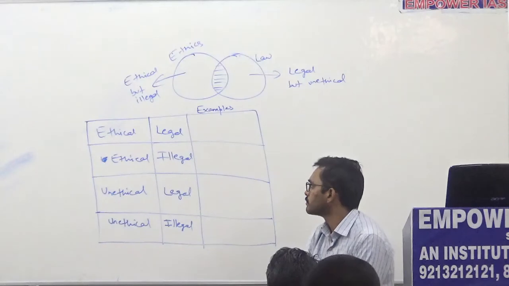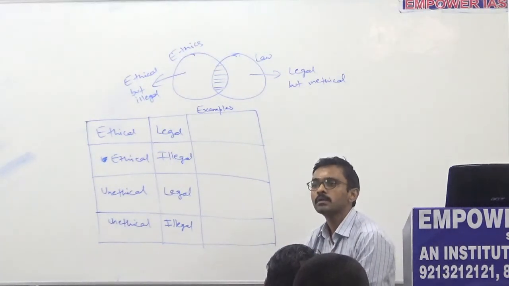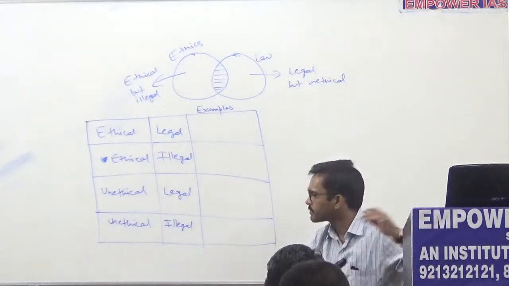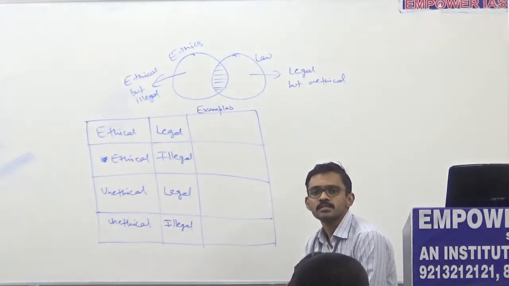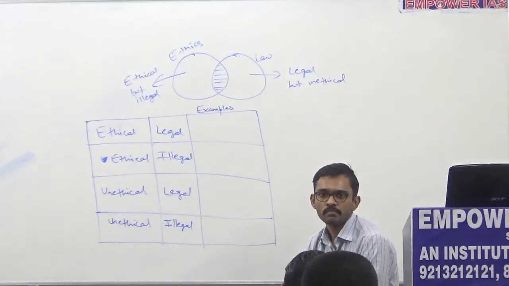Ethical illegal: something which is prohibited by law, or was prohibited by law, but the underlying act was ethical. Can you think of examples? Section 377.